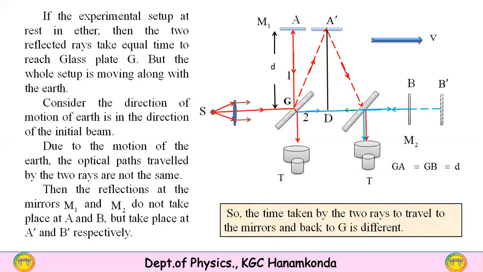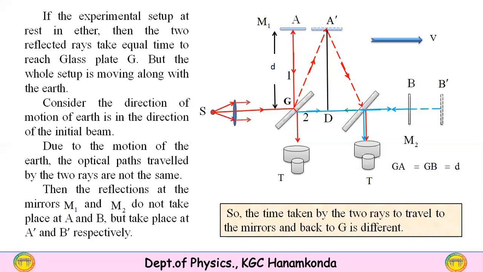If this entire setup is moving, then the reflected ray is not incident at A, because this setup is moving with a constant speed v. The reflected ray goes in this direction GA dash and is incident at A dash on mirror M1 instead of A, because this setup is moving along the horizontal direction with velocity v.